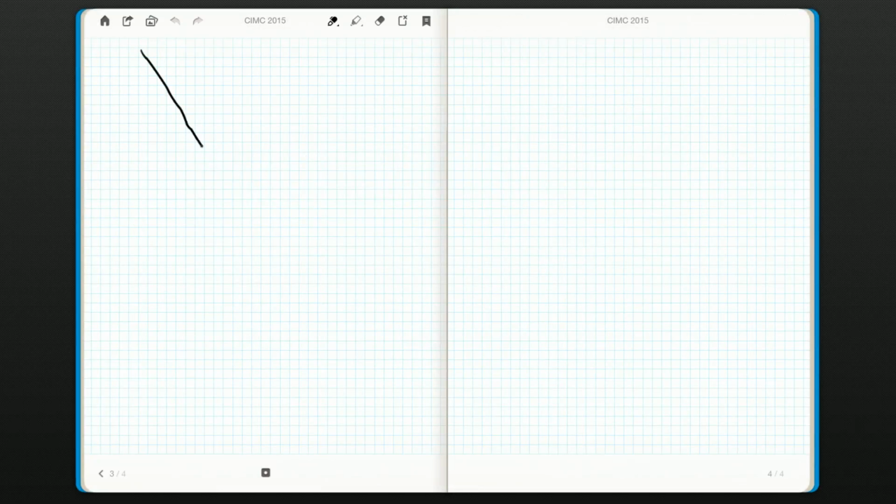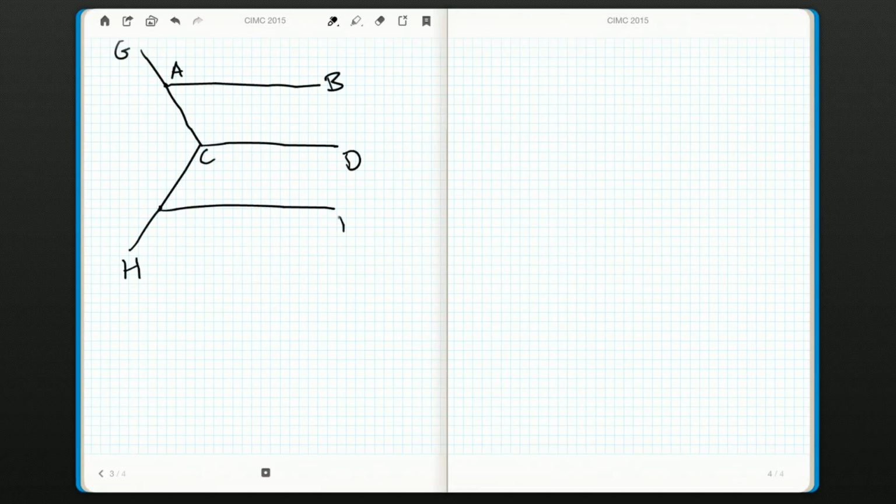So G all the way down to C, H, C goes over to D, G up here, we have H right here, we had A up here, and A went out to B. These guys are parallel, and then we have E somewhere down here, going out to F, and that's parallel. So we have X degrees, we have 100 degrees, and we have 30 degrees here.